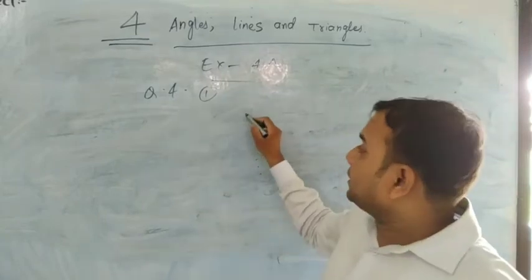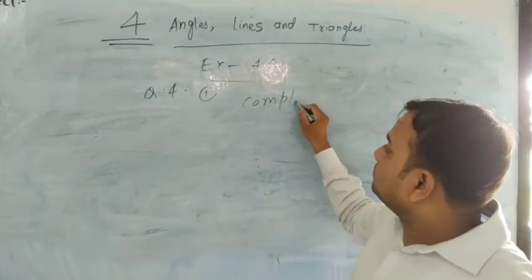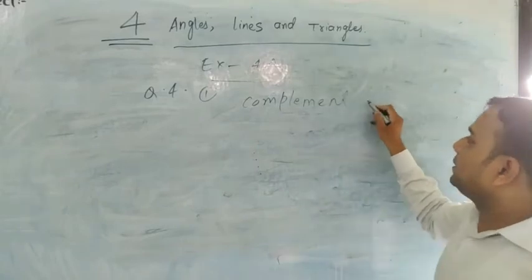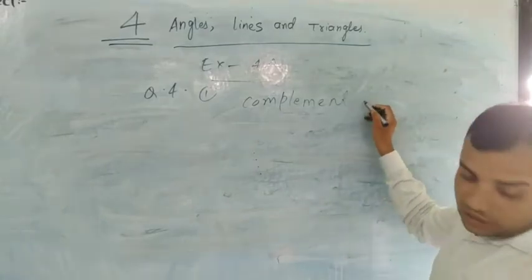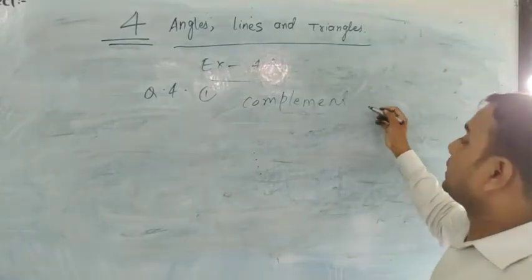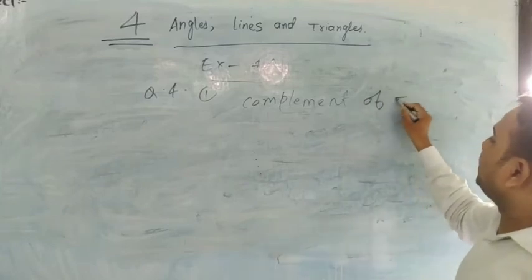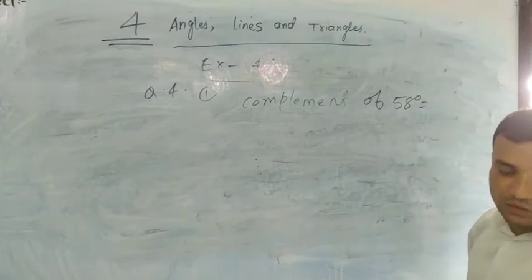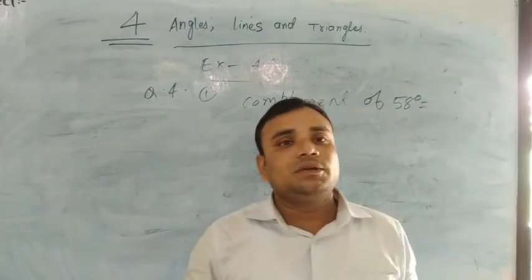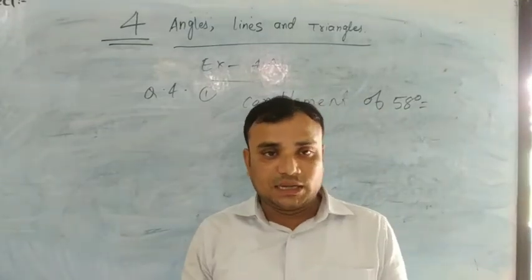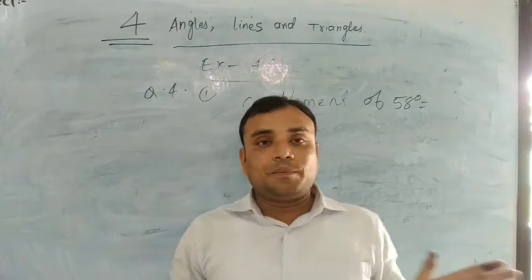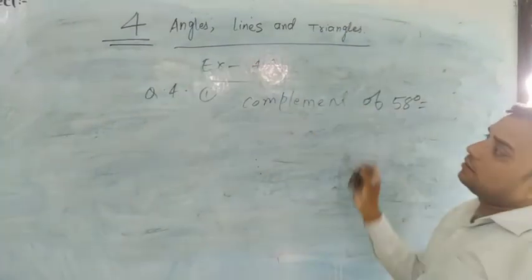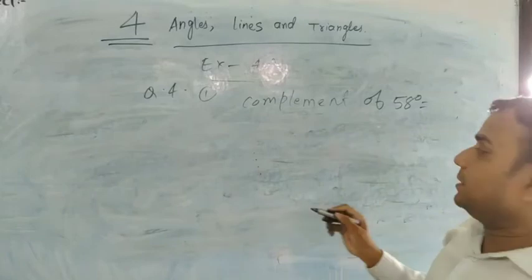First is 58 degrees. The complement of 58 degrees equals what? We know that if the sum of two angles is 90 degrees, then the angle is called a complementary angle.